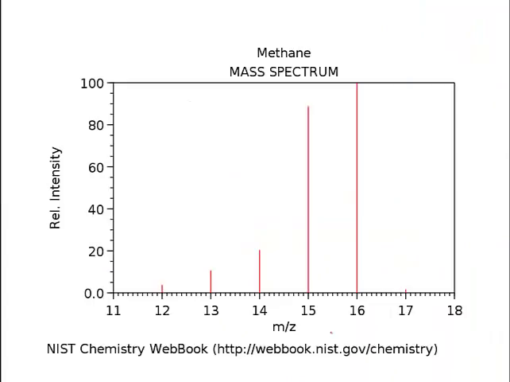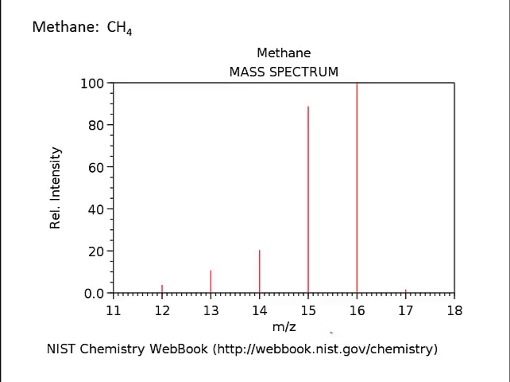This is a typical mass spectrum, and it's of a relatively simple compound called methane. I know you've been spending a lot of quality time memorizing names of organic molecules, so it comes as no surprise to you that methane is CH4. If you grab your periodic table and look up the nominal mass of carbon and hydrogen, what I mean by nominal mass is we're going to round those numbers off to whole numbers.